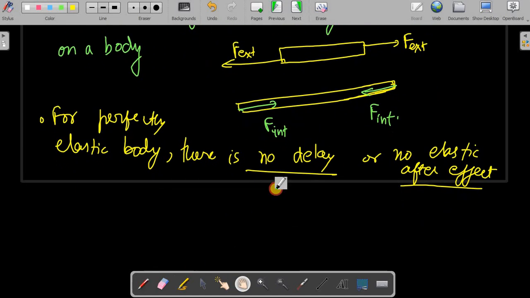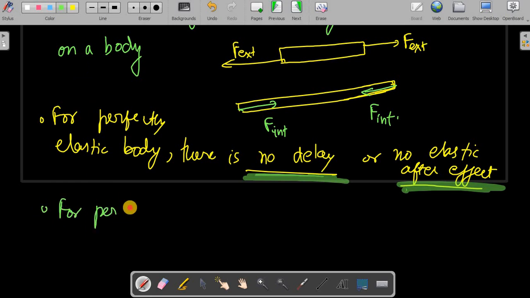And a perfectly plastic body will never be able to regain itself. So the time delay will be infinite. It will never regain. So elastic after effect will be very, very large for a perfectly plastic body.